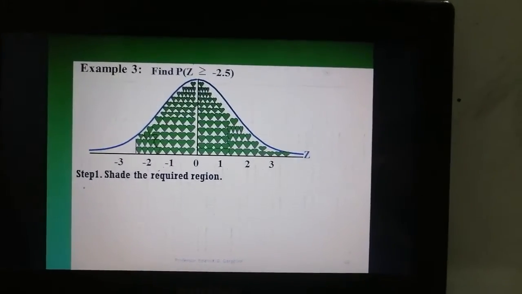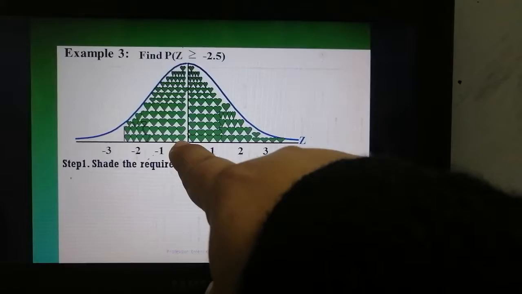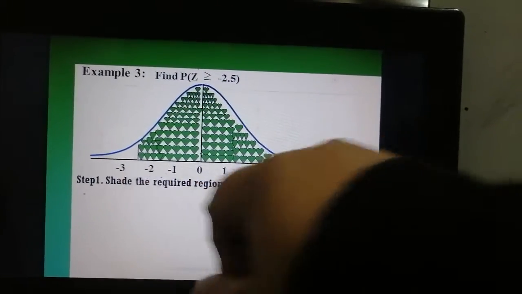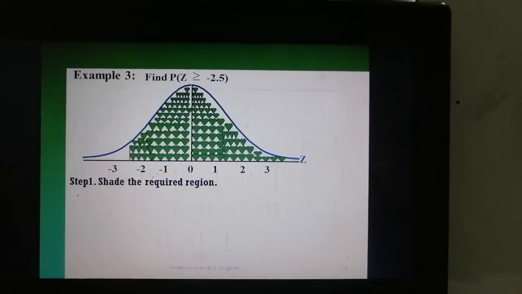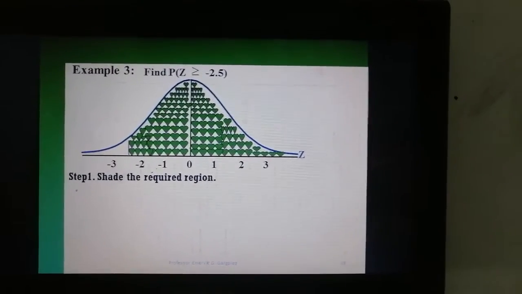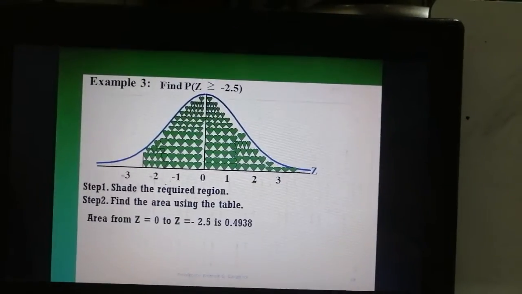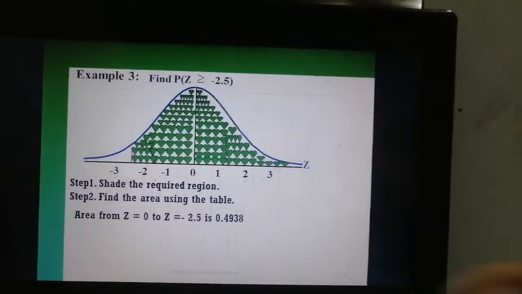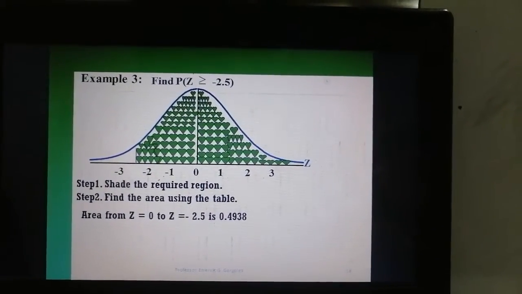The problem we have here is that the table can only give us the area from 0 to 2.5. A while ago, we already had that, and that is 0.4938, right? What about this other area? What can we do with it?